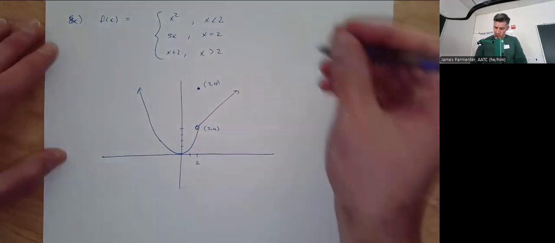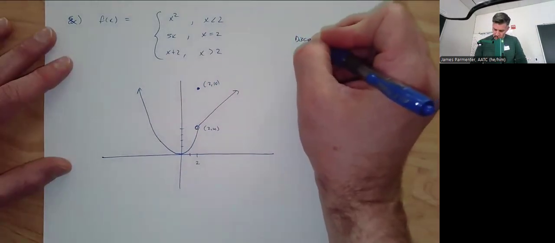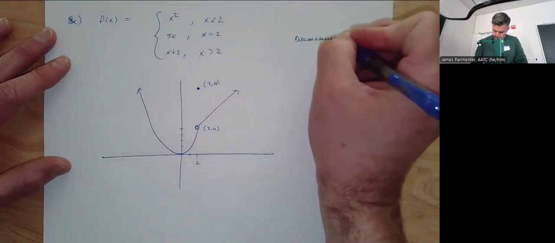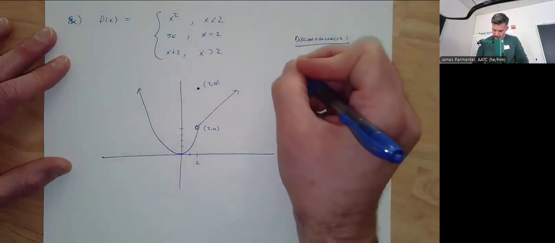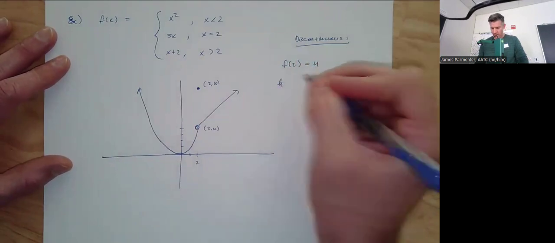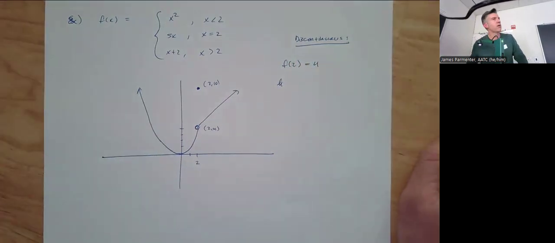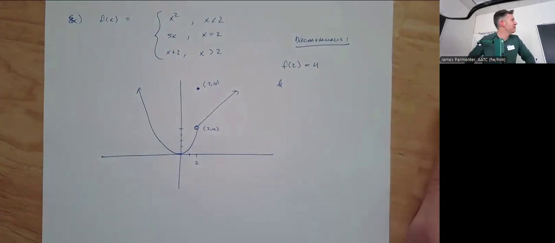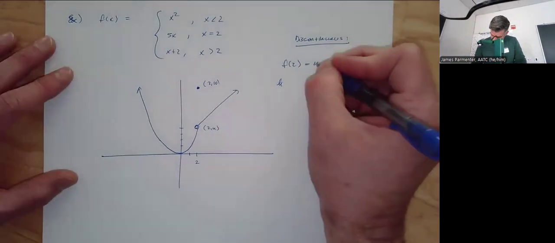So this one is discontinuous because even though f of 2 exists, it's equal to 4. Sorry, f of 2 does not equal 4. What does f of 2 equal? 10. F of 2 is 10. Sorry about that.